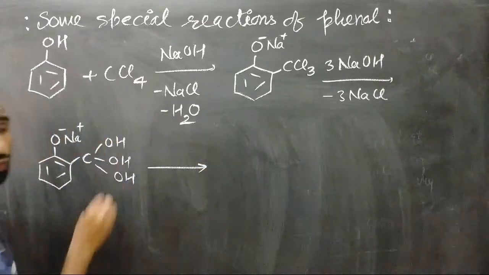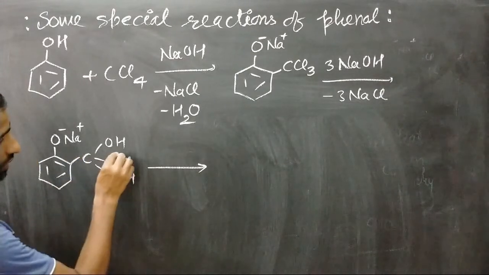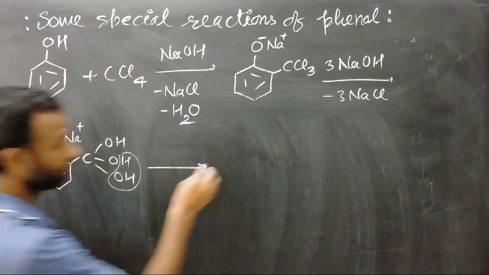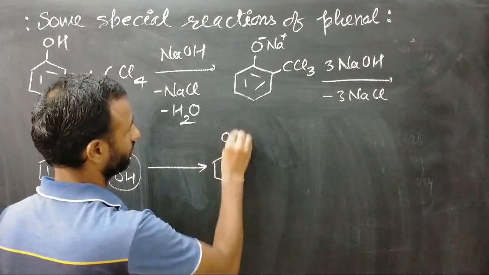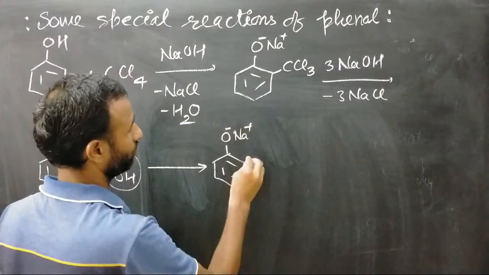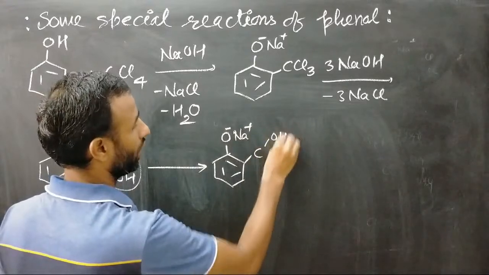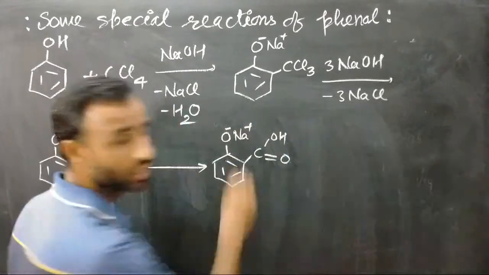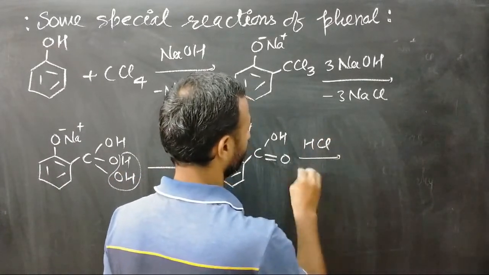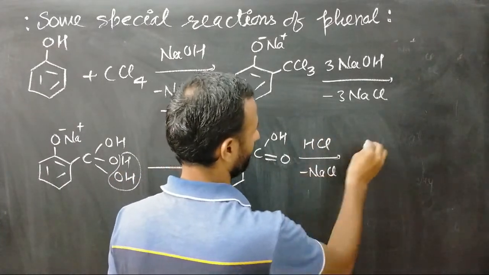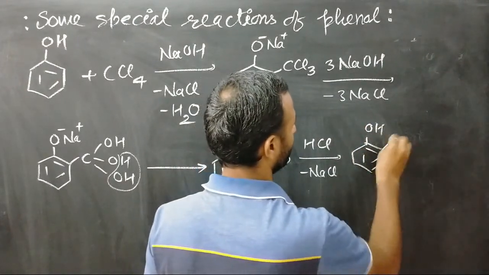And then when 3 OH groups are on the same carbon, again water is removed and we get C(OH)=O, means COOH, and on acidification we get salicylic acid.